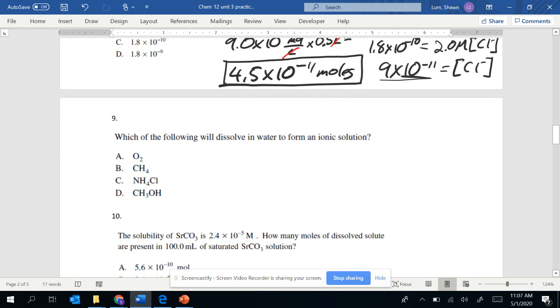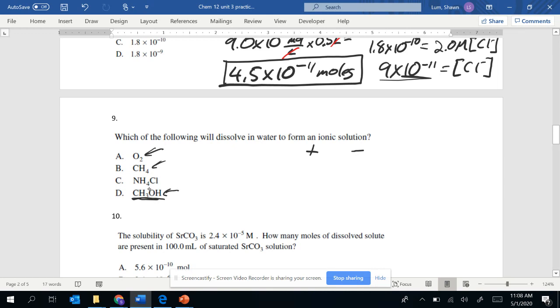Which of the following will dissolve in water to form an ionic solution? Essentially, which one of these things is ionic? In other words, having a positive ion and a negative ion. Well, no. A lot of people want to say that this is a base, right? This is not a base. This is methanol, a type of alcohol.